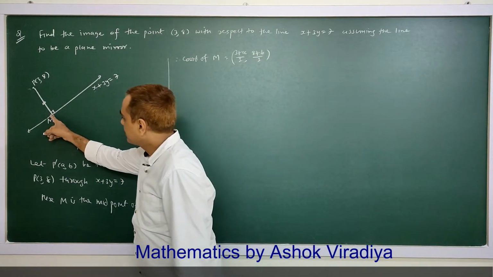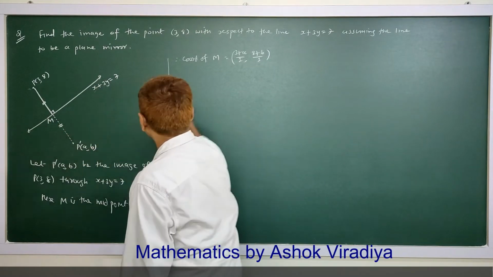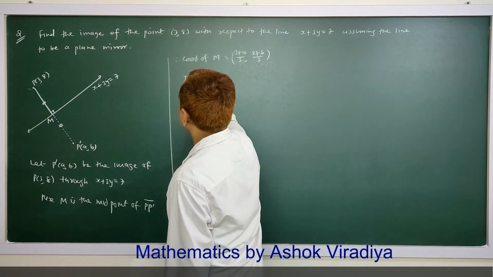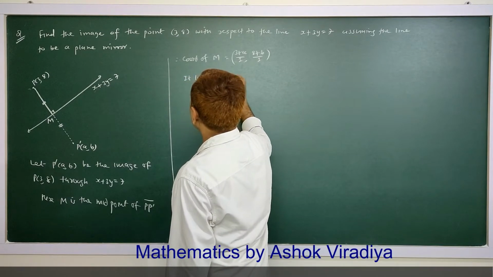Now this point lies on the line x + 3y = 7.